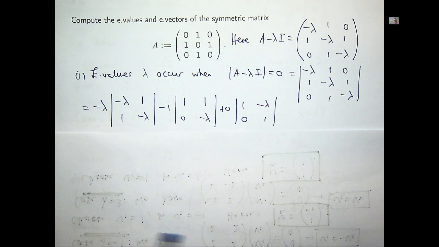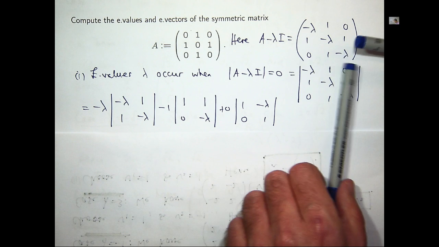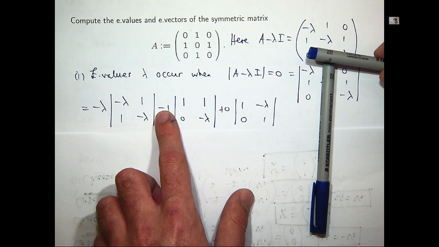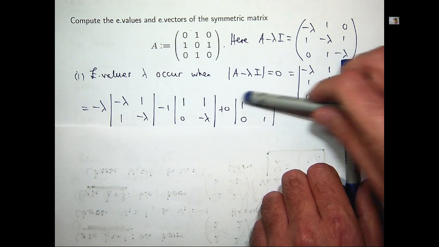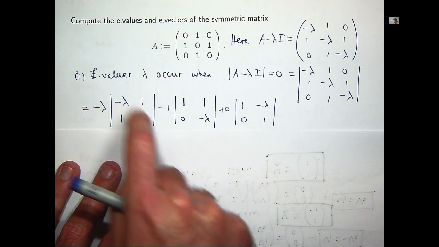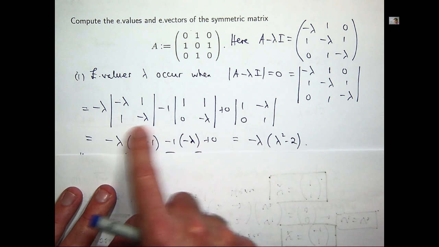Okay, so if I do that, that's going to be my first determinant. That's going to be my second determinant, not forgetting the minus sign here. And then the 0 is going to act on the determinant of that, so that's not going to give us anything. Now remember for 2 by 2 determinants, it's just multiplying diagonally appropriately. So I'll get down to something like this.